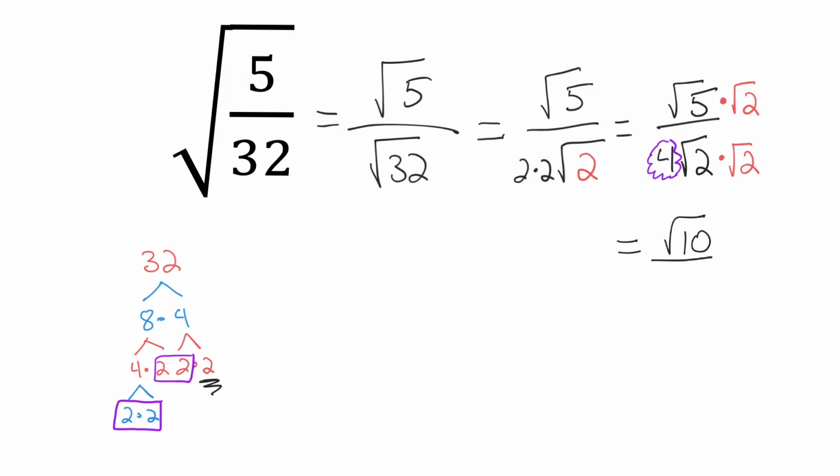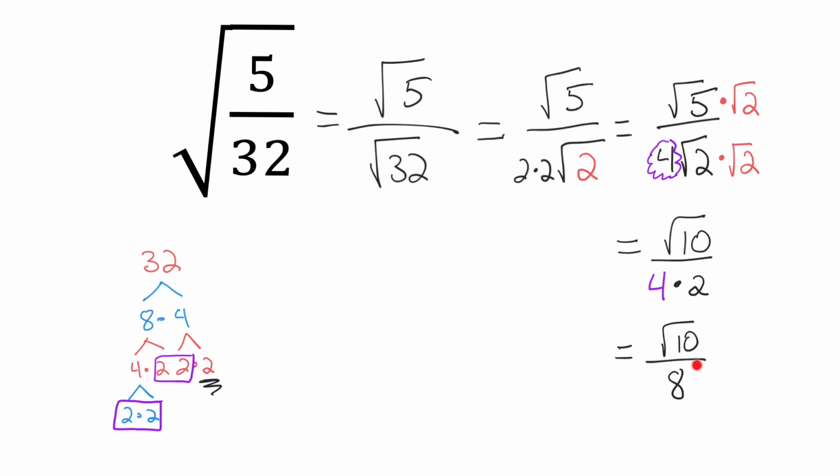So first of all, you keep the 4, and then you multiply the square root of 2 times the square root of 2. You can do this mentally. 2 times 2 is 4, and then you take the square root of 4, which is 2. So you're going to multiply that number 4 times the 2. So I'm going to finish the bottom of the fraction. I keep the square root of 10 on the top, and 4 times 2 is 8.